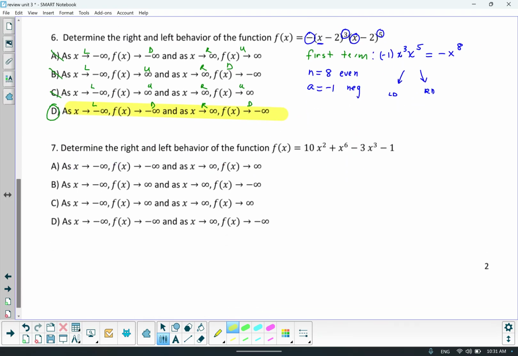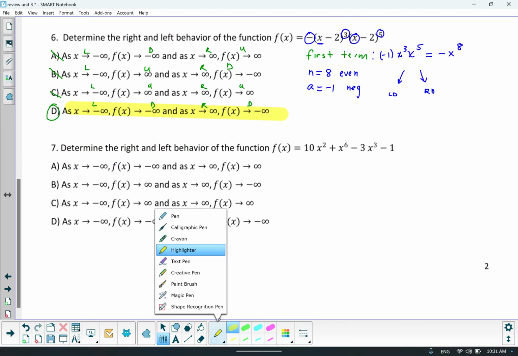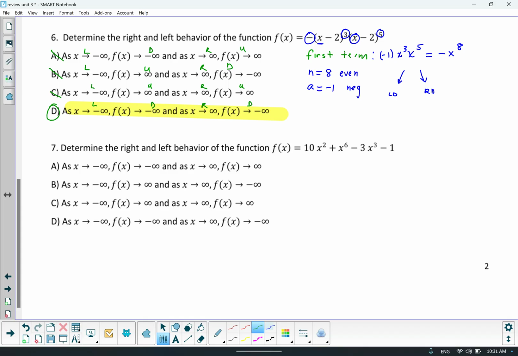Number 7. Our function is not in standard form. You look for the term containing the highest degree, which is x to the 6th. So that means the degree is even. The ends are going in the same direction. And my leading coefficient is 1, which is a positive value.